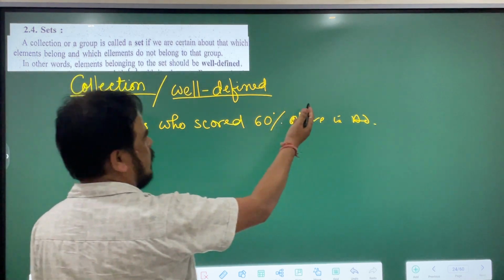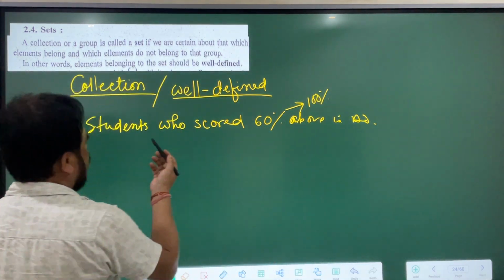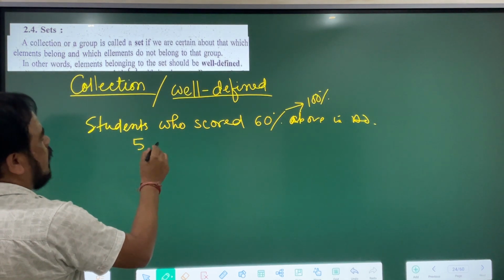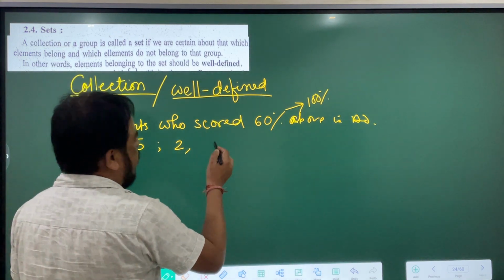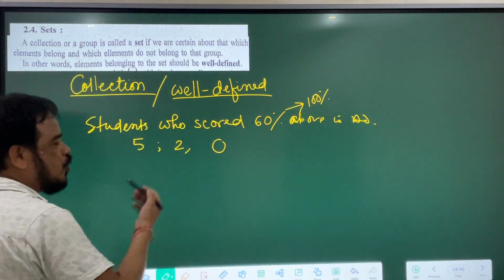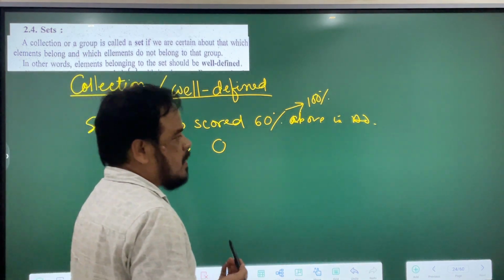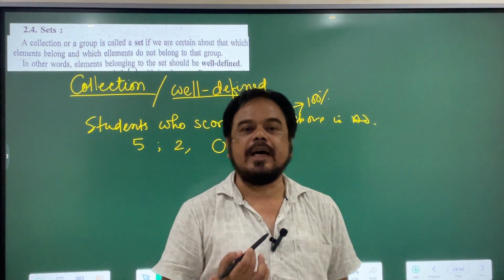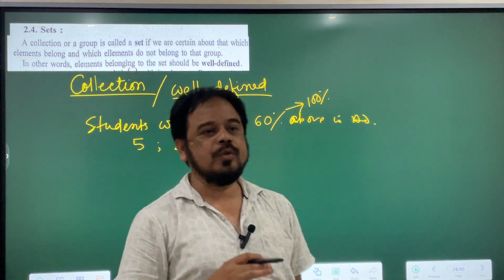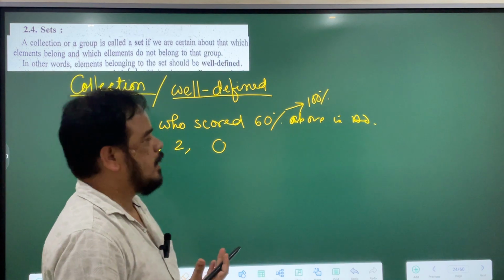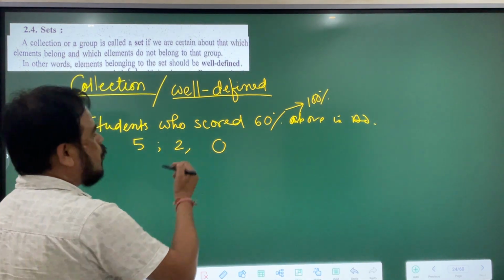That means 60 to 100%. So suppose 5 students are there, or 2 students, or there may not be any students, then we will put 0. How many students scored 60% and above in class 9 of such and such a school? If there are no such students, then we will put 0.